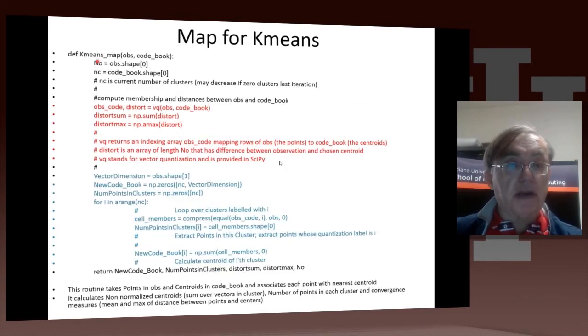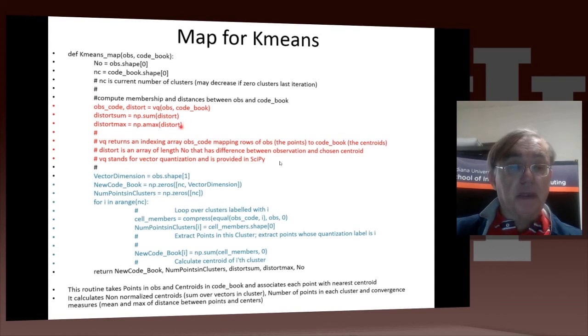Here now we come to this def kmeans_map, and as I say, it's very similar to the ordinary K-means code. It's actually slightly simplified. Here we do the call to VQ, vector quantization, to associate the points, only the points in each process, to the centers, or rather to the clusters. We calculate the sum for the distortion, which is going to end up being the average distortion.